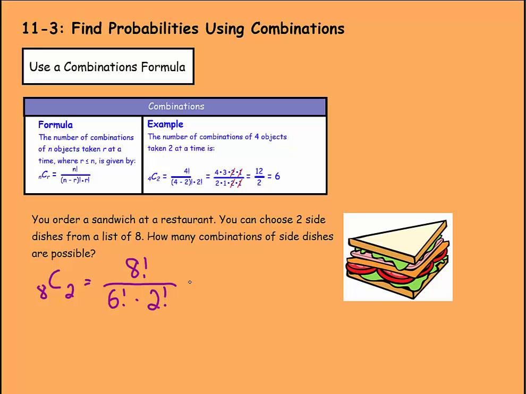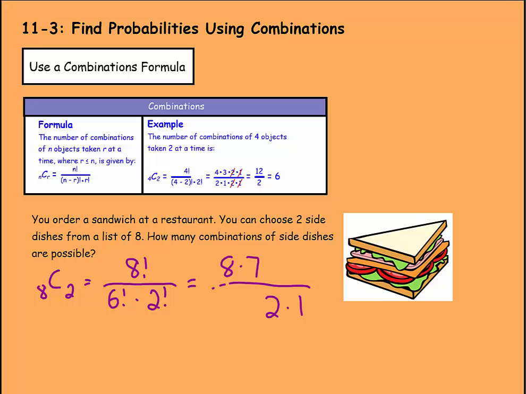So if we write this one out here, we would say 8 times 7 times 6 factorial, and I'm actually going to stop there because I see there's a 6 factorial down here. So if we line that up, 6 factorial here times 2 times 1. So these would cross each other off, so we'll just erase them. And that leaves us with 8 times 7 over 2 times 1.